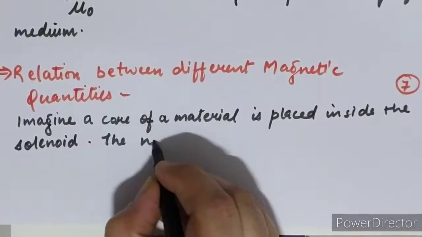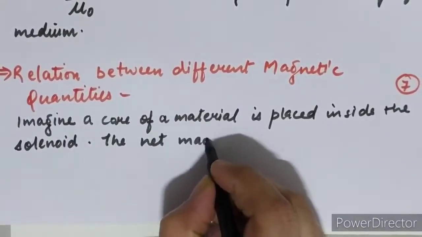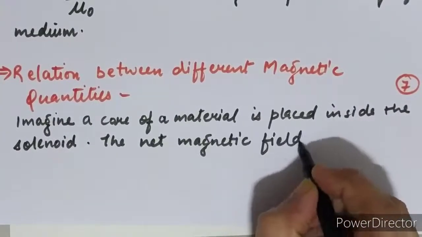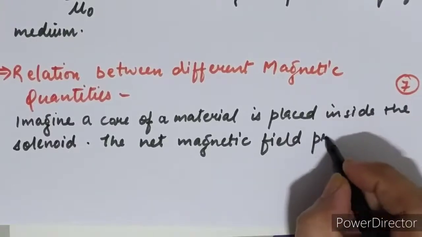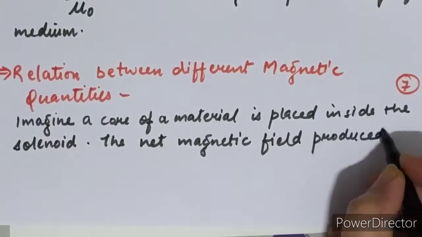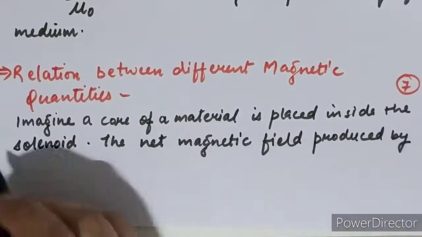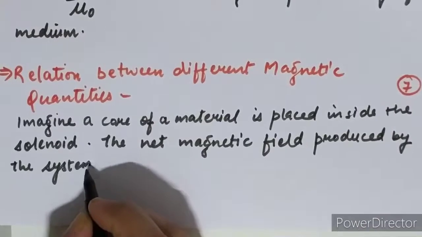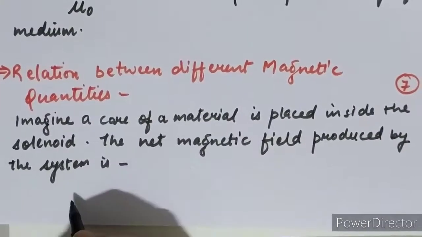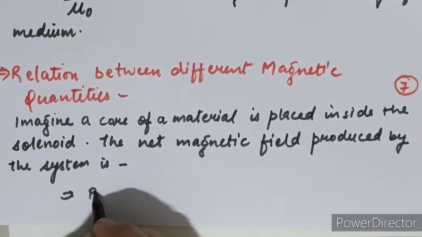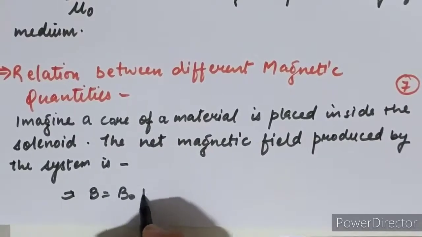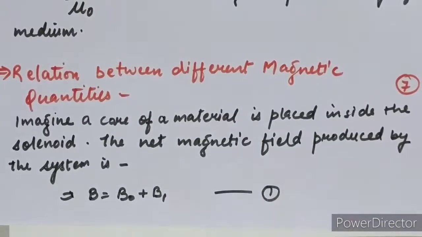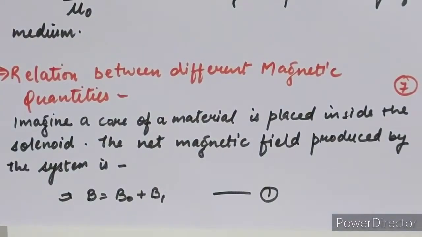The net magnetic field produced by the system is B equals B naught plus B1. Equation number 1. Now what is B naught and what is B1?